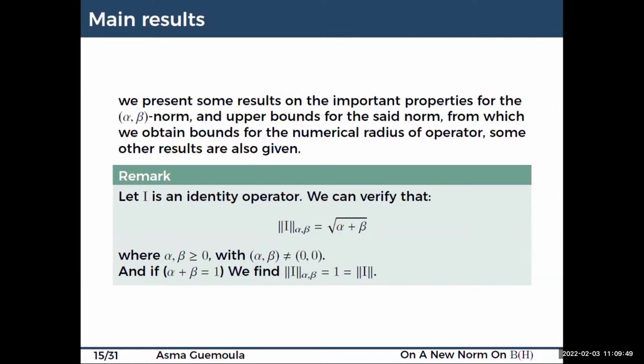Remark. Let I be the identity operator. We can verify this equality, where alpha and beta are positive, not both nil. And if alpha plus beta equals 1, we find the alpha-beta norm of A equals 1 equals the norm of A.